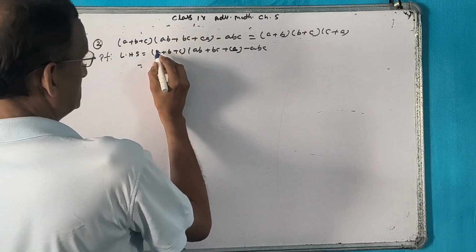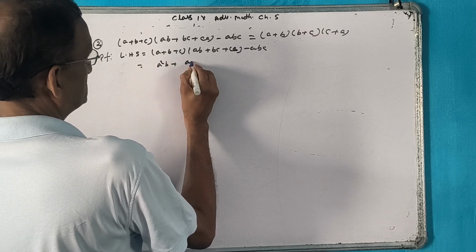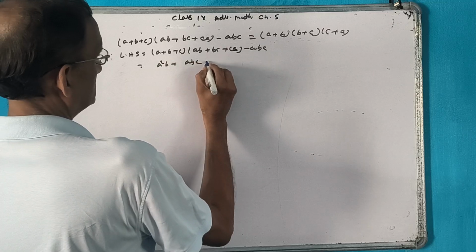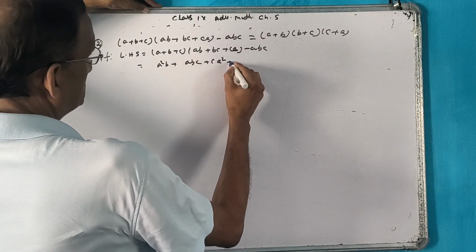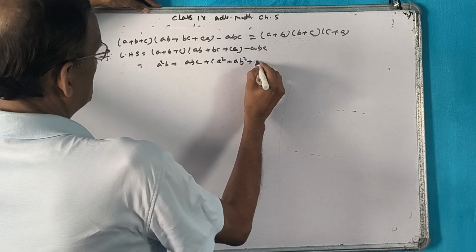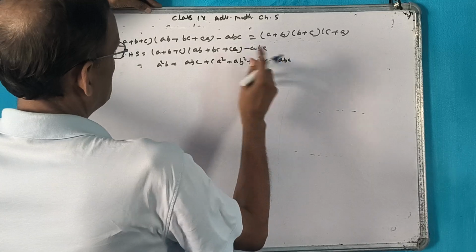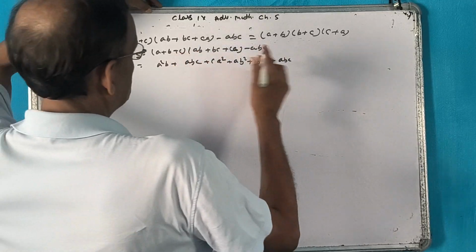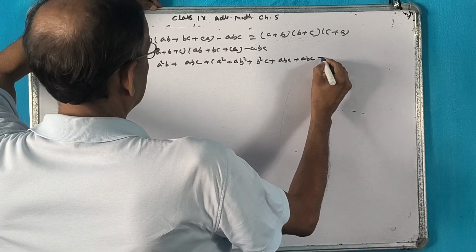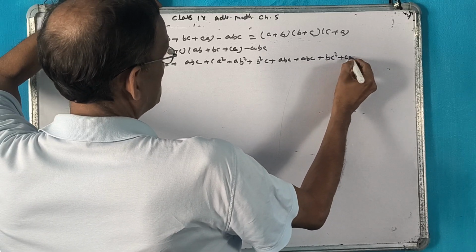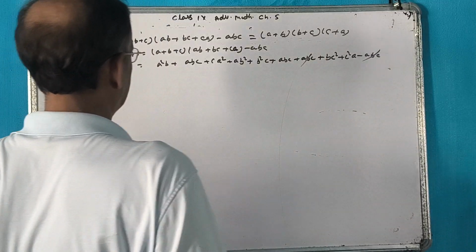So multiply now. a into ab is a squared b, abc, and a into ca is a squared c. Then multiply b with ab squared, plus b squared c, plus abc, and b into ca. Now multiply c with ab, what you will get again? abc plus bc squared plus c squared a, minus abc was there, so one abc is cancelled.